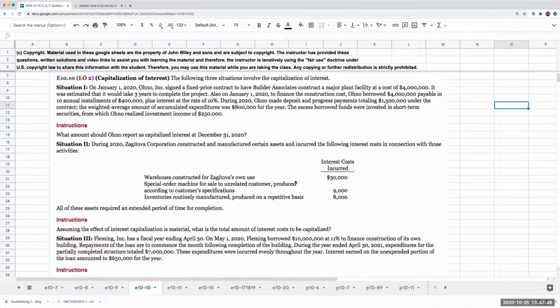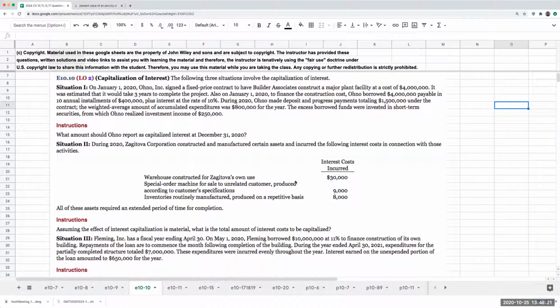So, situation one. On January 1st, 2020, Ono signed a fixed price contract to have Builder Associates construct a major plant facility at a cost of $4 million. It was estimated that it would take 3 years to complete the project. Also on January 1st, to finance the construction cost, Ono borrowed $4 million payable in 10 annual installments of $400,000 plus interest at 10%.